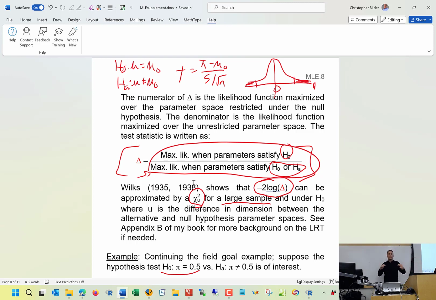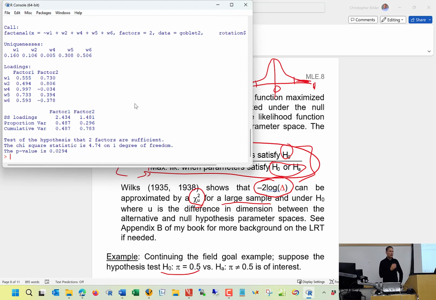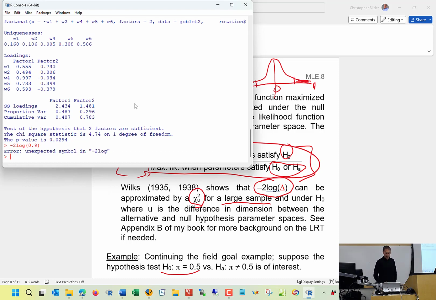Okay? So what happens then when I take -2 natural log of delta? So I make this little transformation. Well, let's just take a look at some possible values. Let's say -2 log of 0.9. So 0.9 is kind of close to 1.